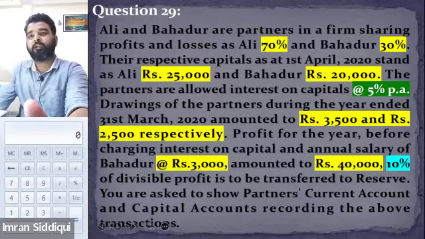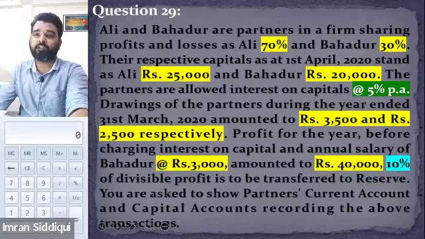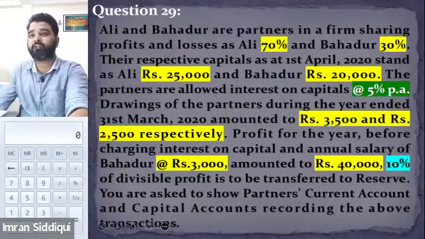And since the rate of interest on drawings is not given in the question, we will simply presume that the firm is not liable to pay interest on their drawings. So there will be no treatment for drawings in the P&L appropriation account. But when we prepare the partners' capital and current accounts, at that time we will consider the drawings made by the partners. Okay, is that clear, everyone?